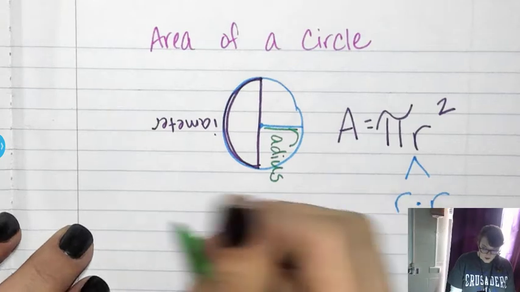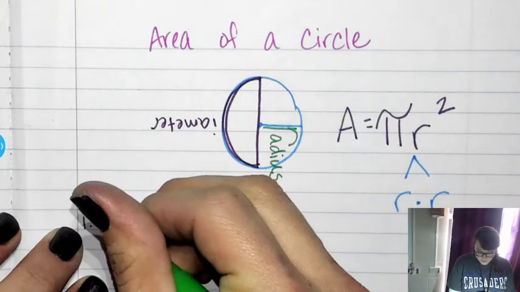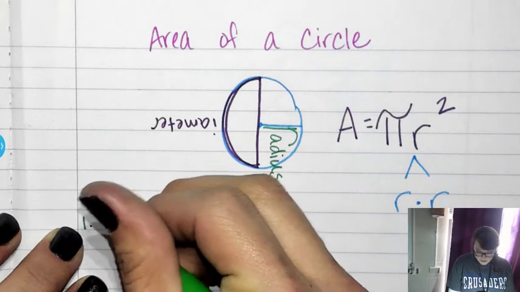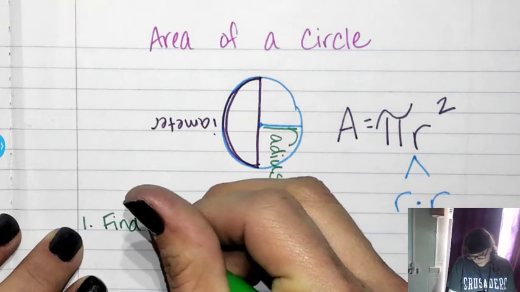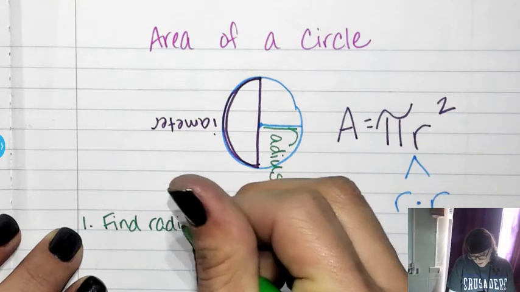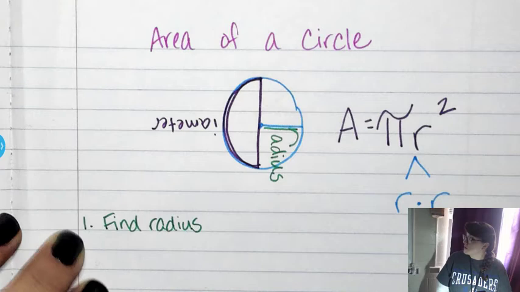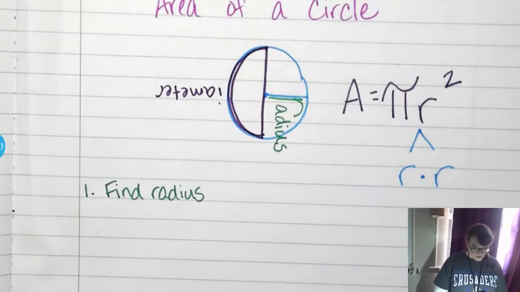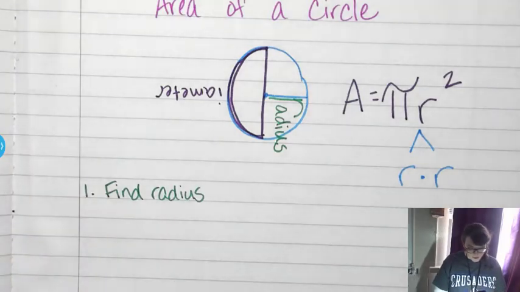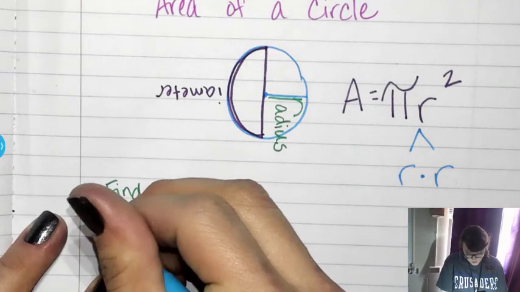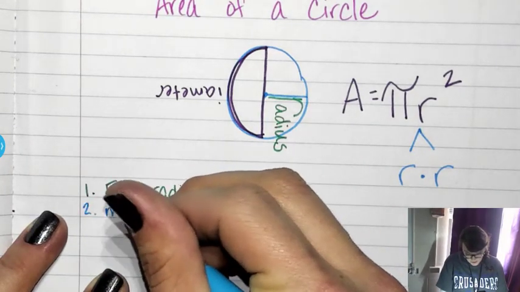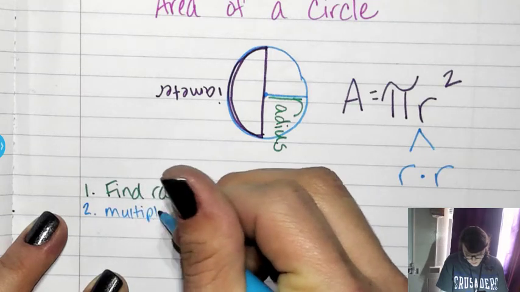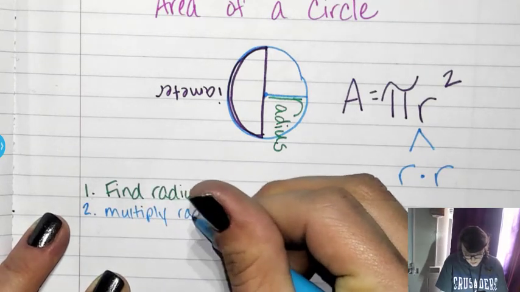So step 1, find radius. Radius is half of diameter. Step 2, multiply radius times radius.